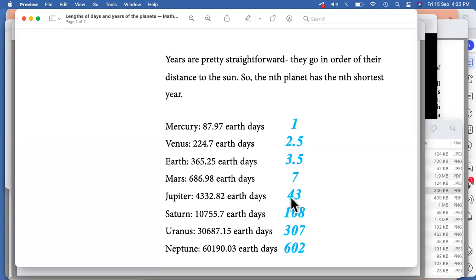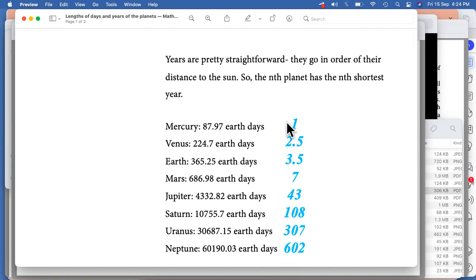This is single digit, and this goes to double digit and triple digit. Right. So this is purely on the basis of number of days which are being required for the planets to orbit around the sun.